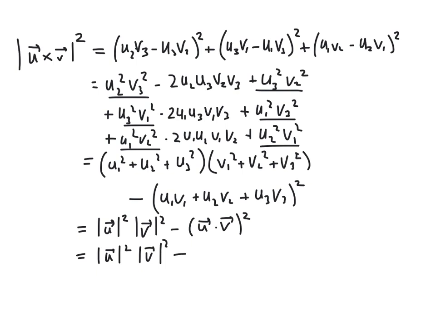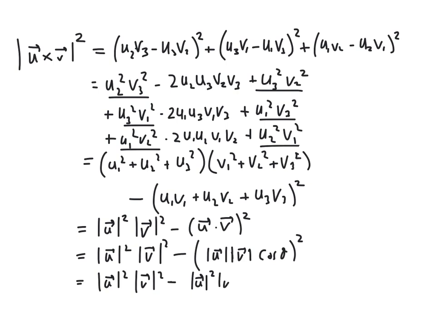But the dot product, I'm going to use the fact that we know about the dot product, and that is that the dot product is the magnitude of u times the magnitude of v times the cosine of that same angle theta. So we have the magnitude of u, magnitude of v, cosine theta, all of that squared. Well, we can then do the magnitude of u squared, magnitude of v squared, minus the magnitude of u squared, the magnitude of v squared, cosine squared theta.